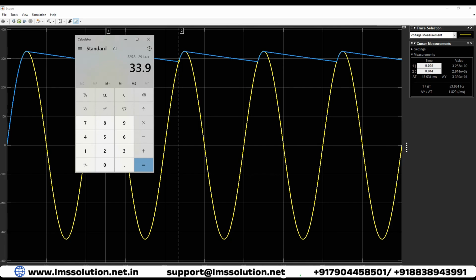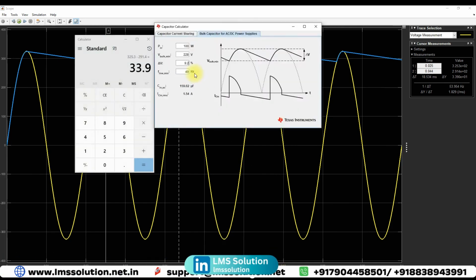But the design value for 30 volt is 9.2 percent of 325, that means 0.092 into 325, which is 29.9 volt, but actually we are getting 33 volt. So there is only around a 3 to 5 volt difference between the theoretical design calculation and the simulation result.